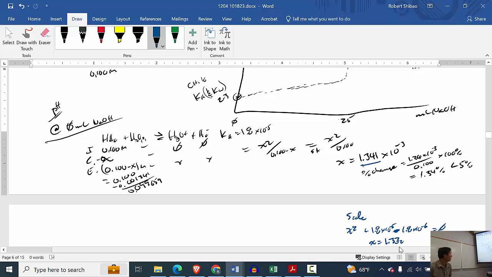But anyway, going back to this, should we worry about Kw? The hydronium ion concentration is 0.00134.